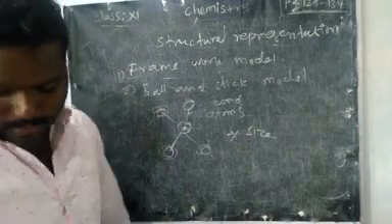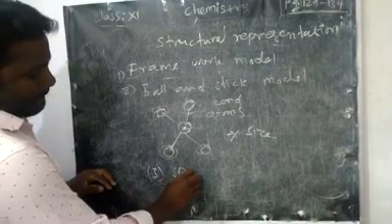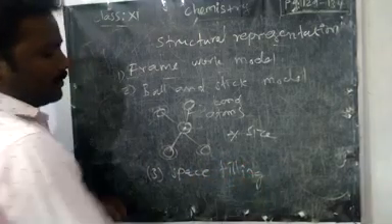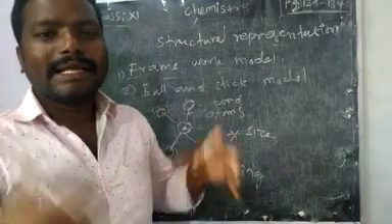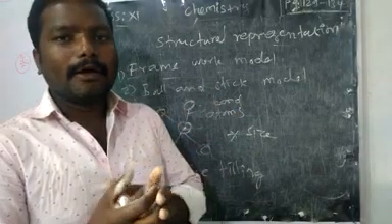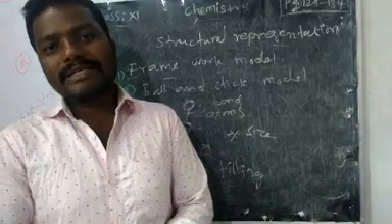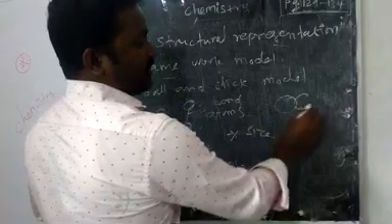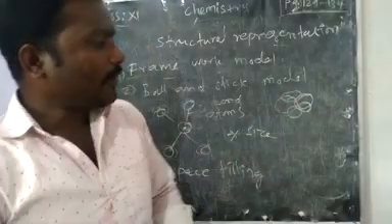The last one, space filling. Space filling is nothing but, you already know that atoms may bind, or because of overlap they exist as a compound. So they may look like a condensed structure. See, if you look, there are 5 atoms.